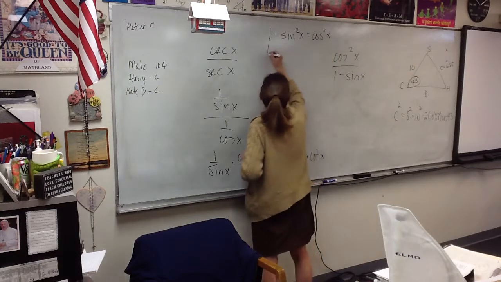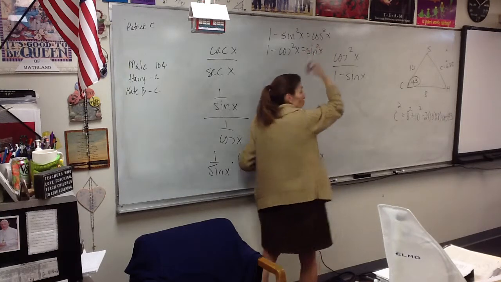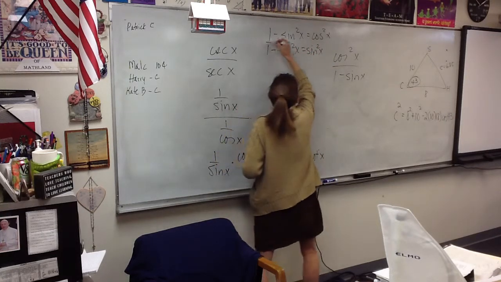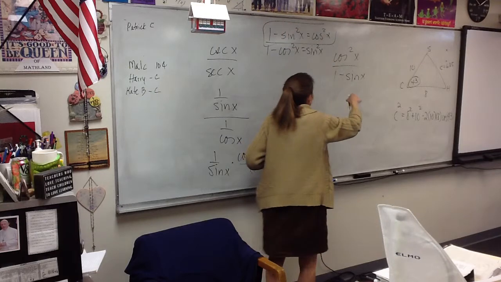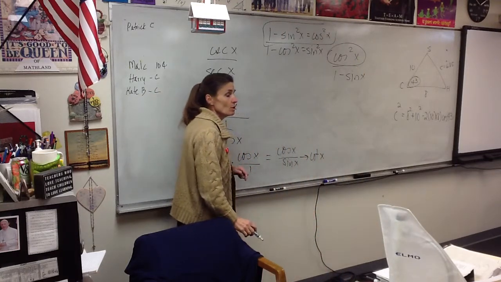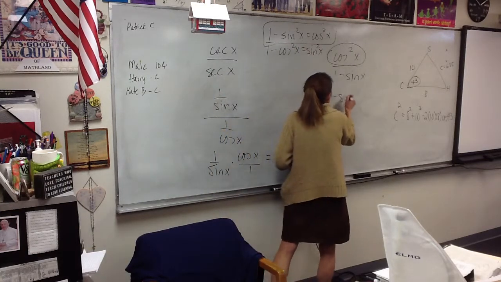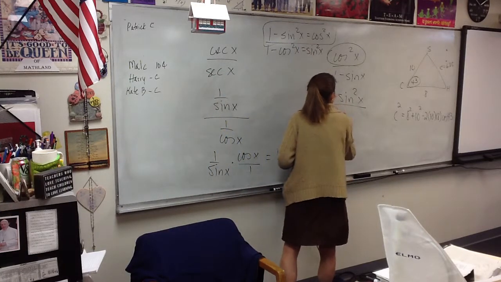Yes, it is. And 1 minus cosine squared is sine squared. They both work. So if we look at that one right there and we see a cosine squared, we can change cosine squared into 1 minus sine squared.